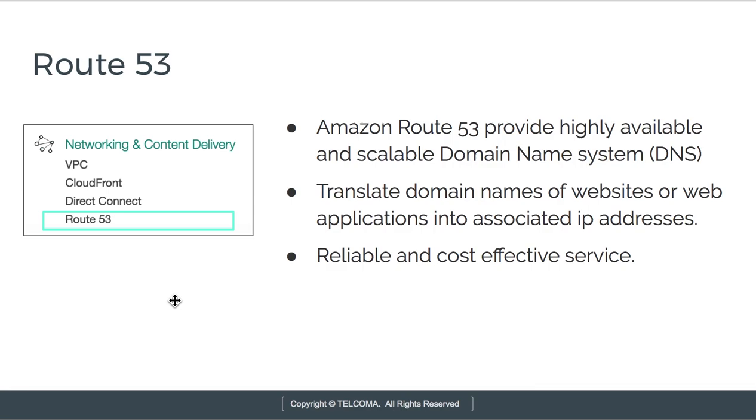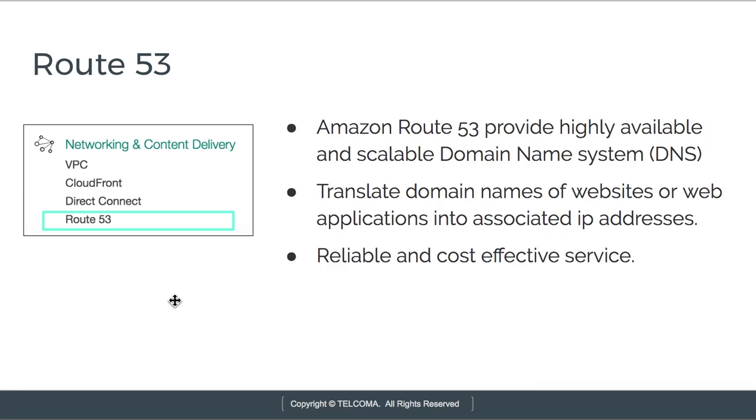So why do we require this service? This service is basically designed to give developers and businesses an extremely reliable and cost effective way to route end users to internet applications. That means it can translate the domain names of your websites or web applications into IP addresses.